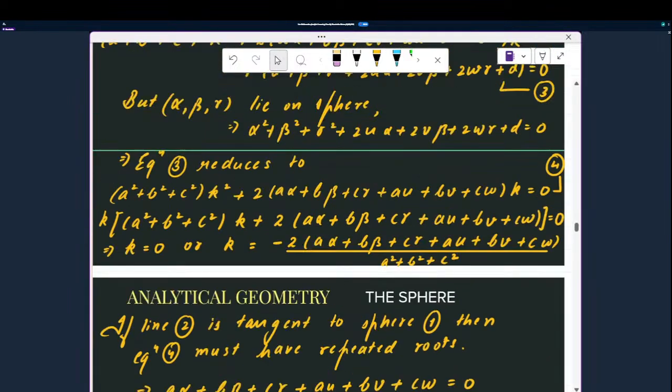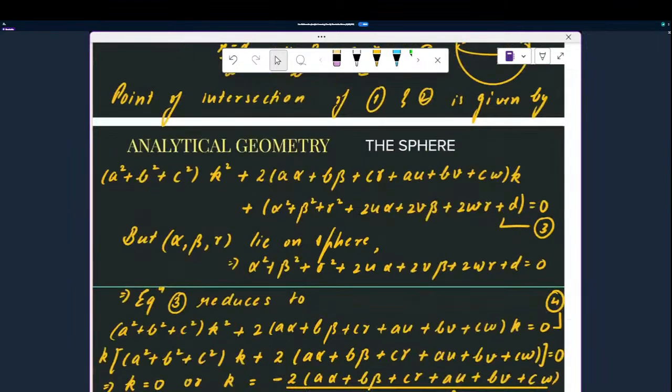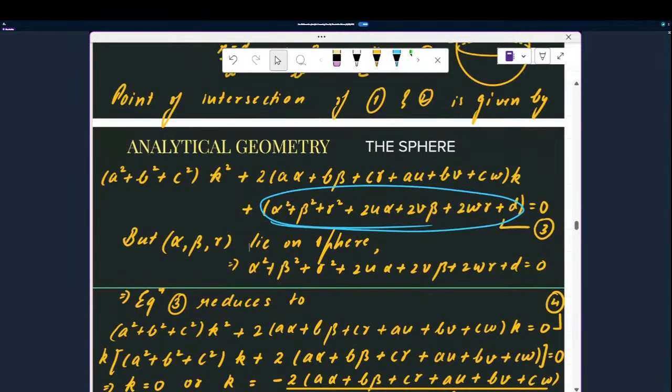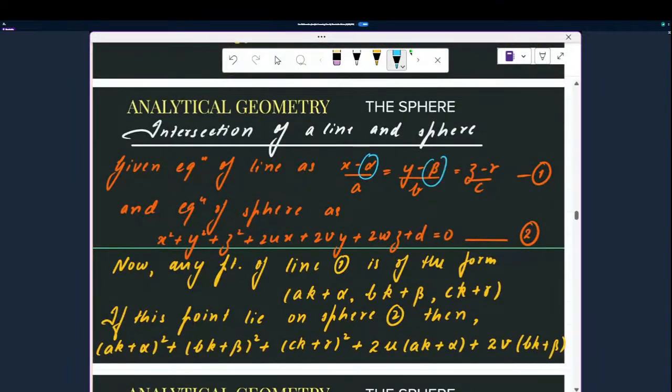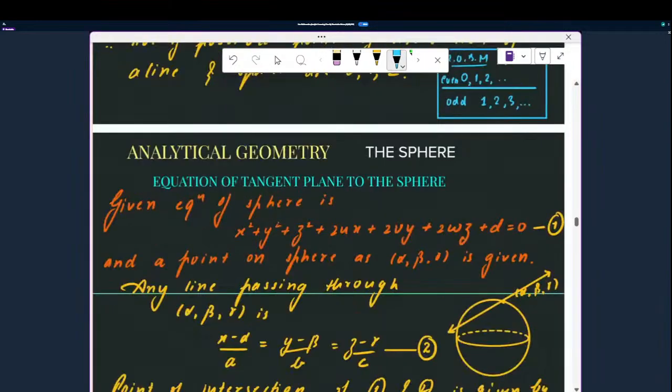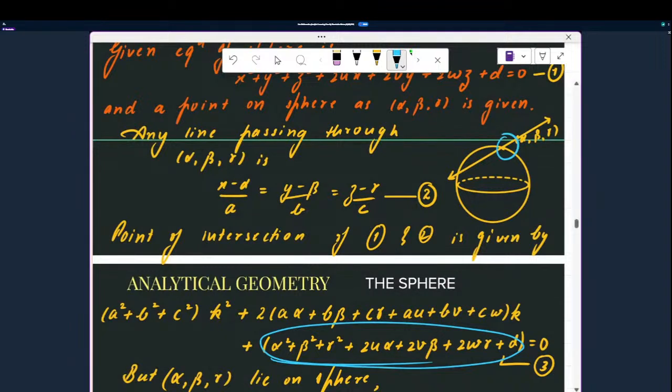Beta D was removed. I hope you are referring to how the constant part is removed, right? Yes. It is removed because earlier I don't know whether alpha, beta, gamma was on the sphere or not. But this time I have started with a point on the sphere and then tried to find a line through it.